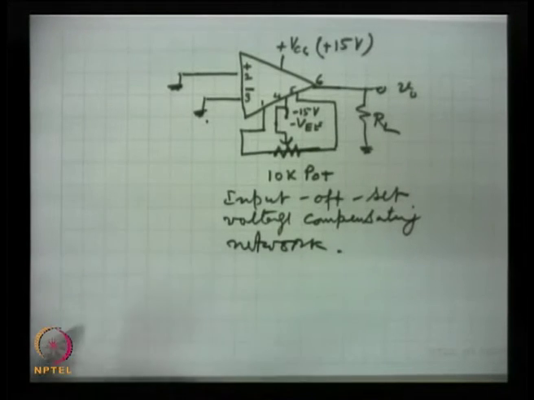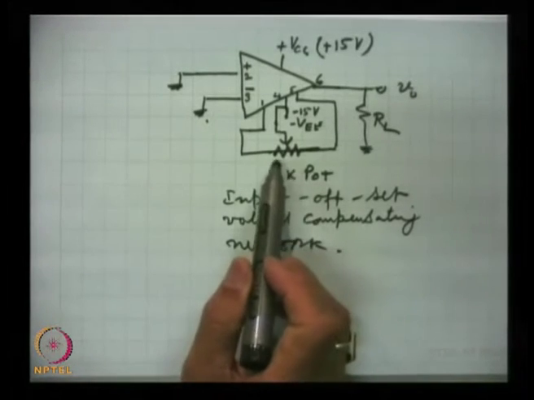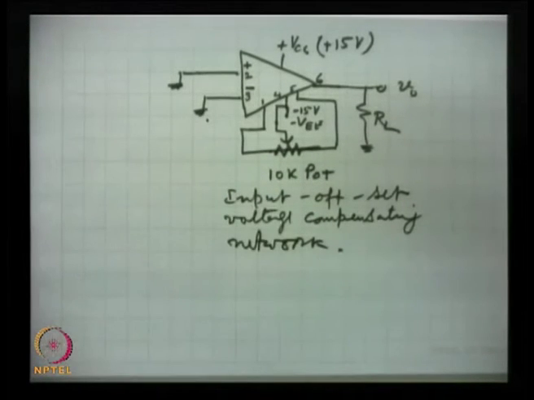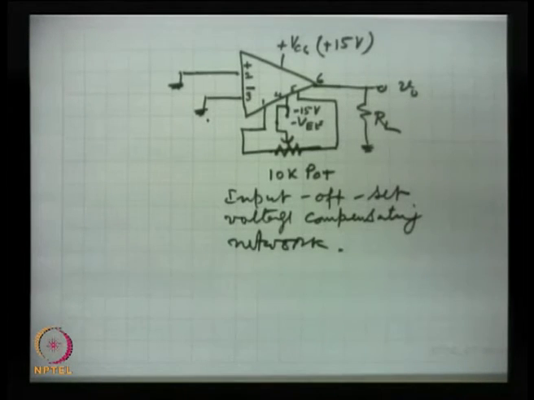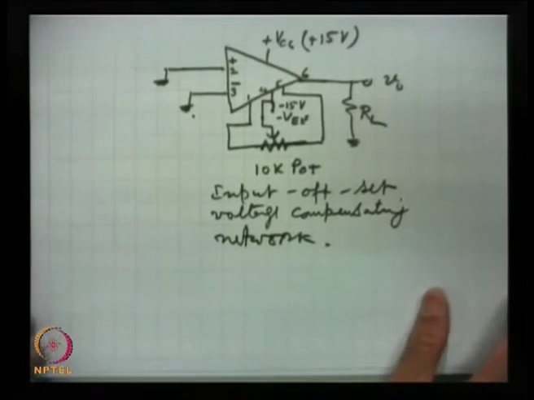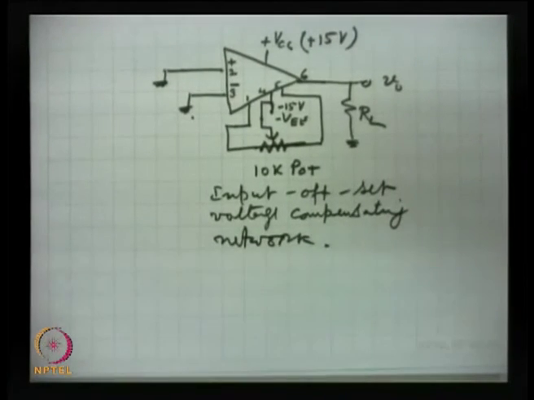At that point it produces a voltage here which is of the same magnitude and opposite in phase to the input offset voltage. So, this is how we take the corrective measures. And as I said, this is required for accurate results almost invariably in all the operational amplifiers.